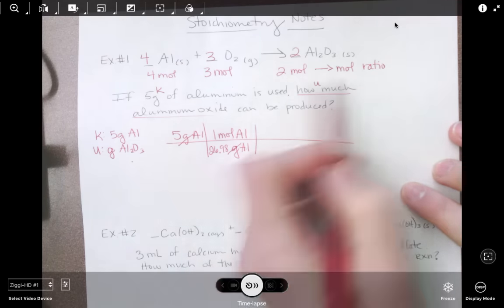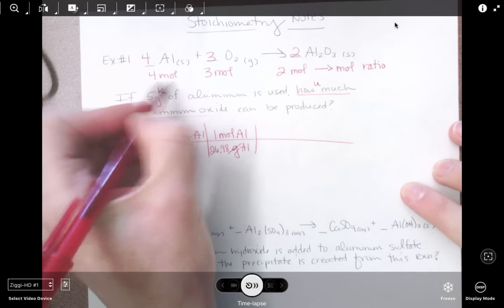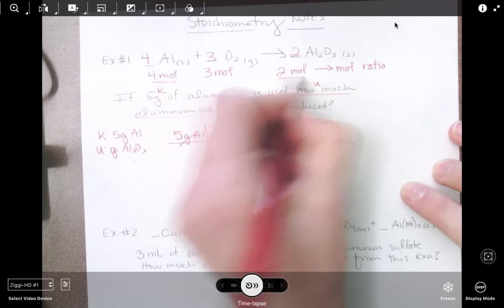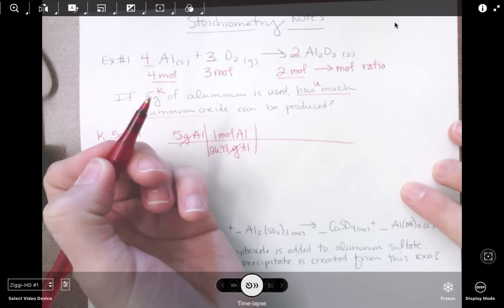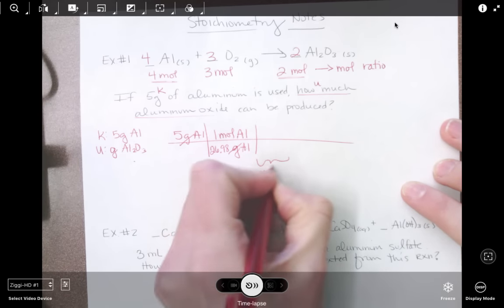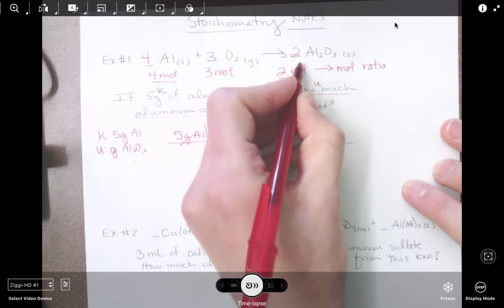The only way to do that is using the mole ratio. So up here I know that I put in 4 moles of aluminum and I got out 2 moles of aluminum oxide. So on this next step I'm going to use the mole ratio, so that I can get out of one thing into another.